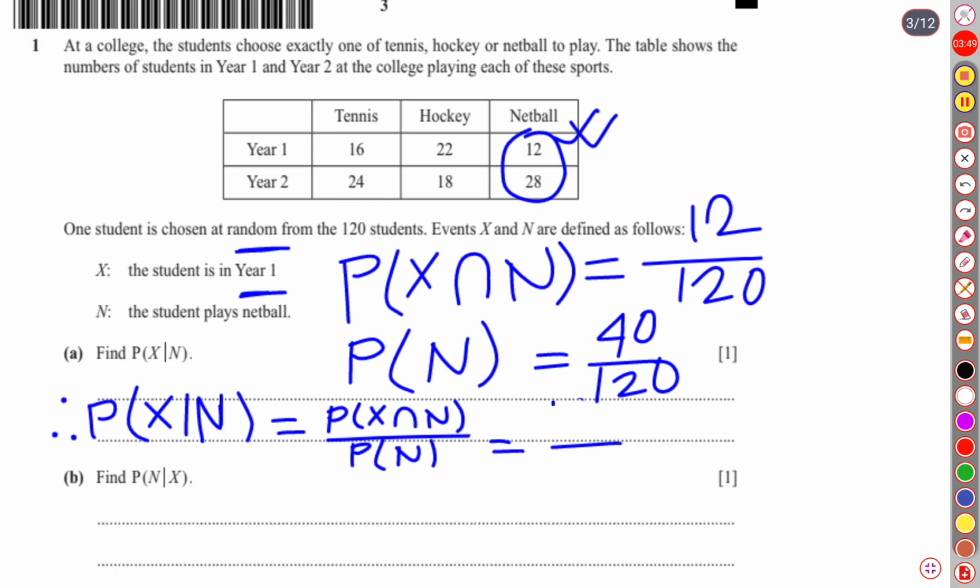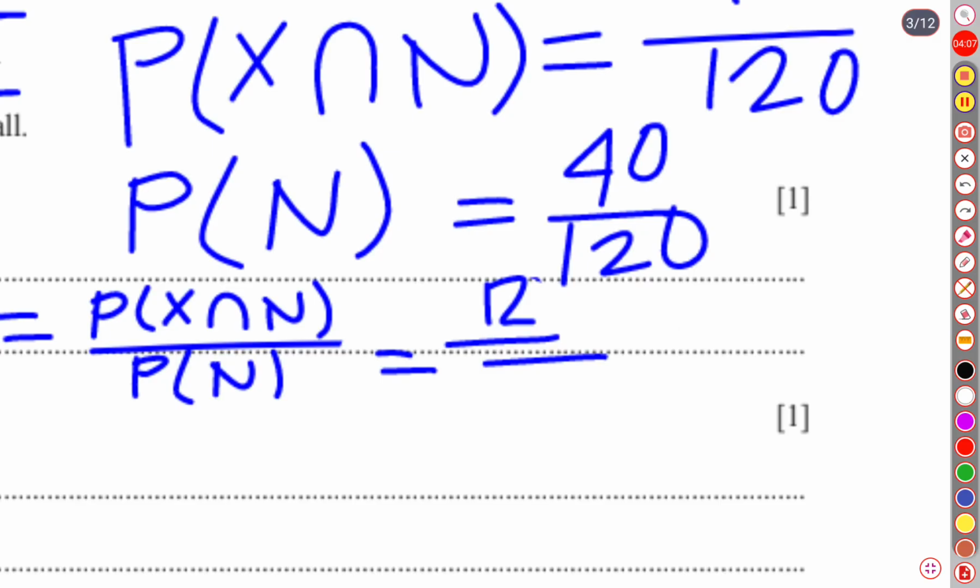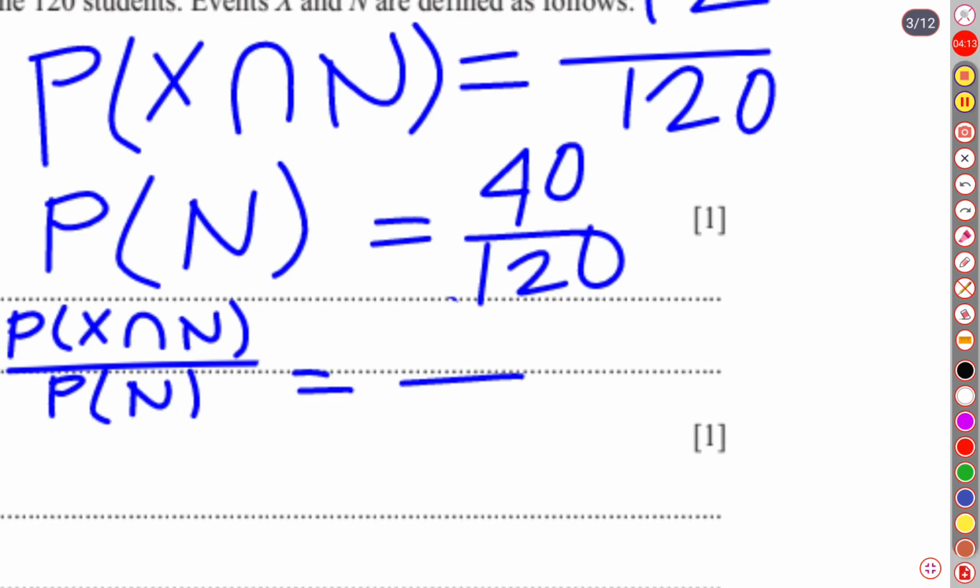So it is 12 over 120, and the probability of the student playing netball is 40 over 120. So finally what are we going to get?